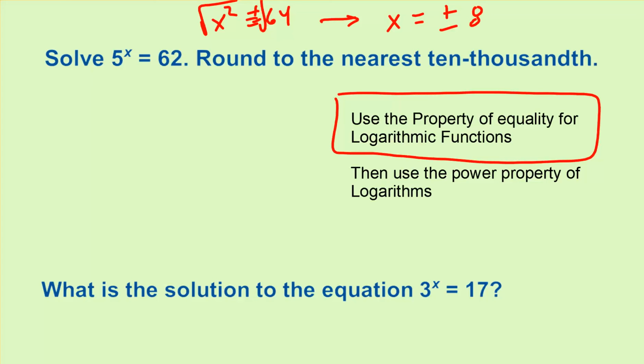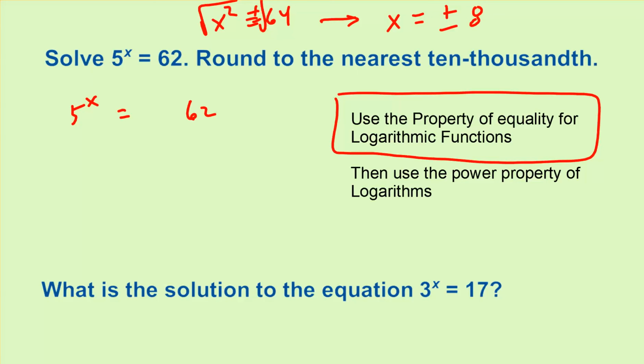So here we have 5 to the x equals 62. Of course, we can write this in logarithmic notation and call it log base 5 of 62 and drop it into our calculator. But what we're talking about right now is more of an exercise in how to use logarithms.